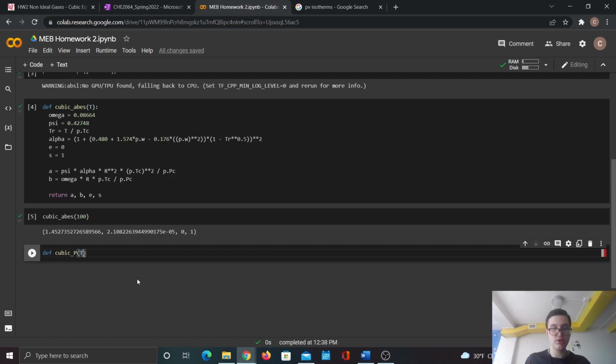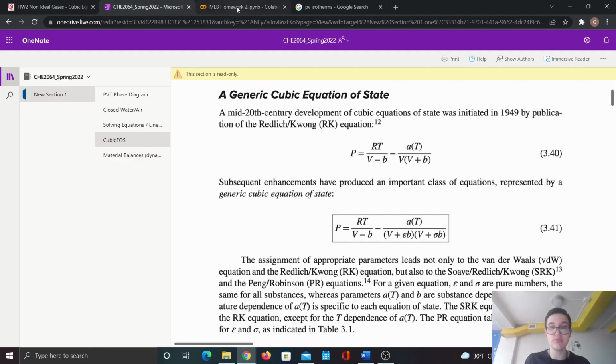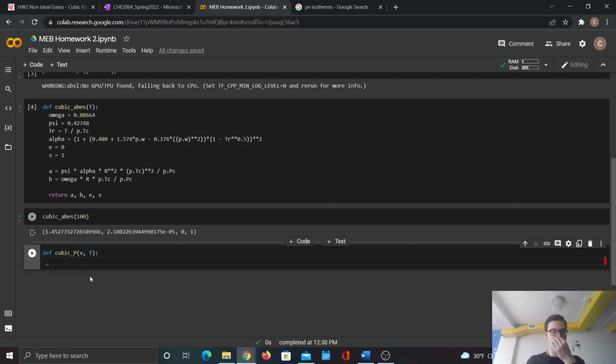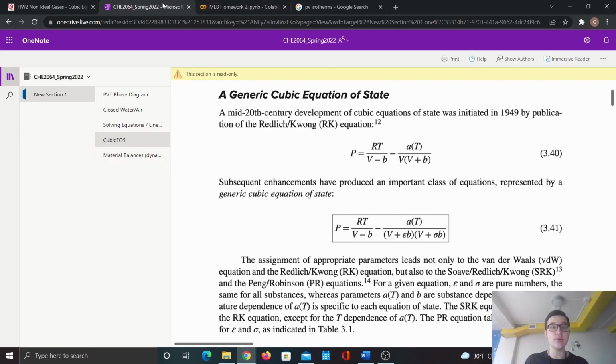We also want the volume, so lowercase v. There we go. Enter. Oh, nope. Colon to close it. There. Now our function is defined. We have the volume here, the temperature here. Those are our two guesses.